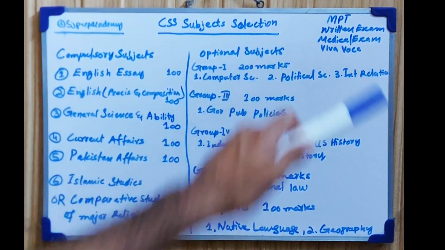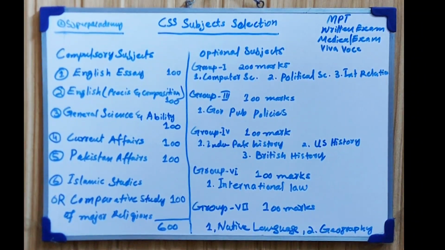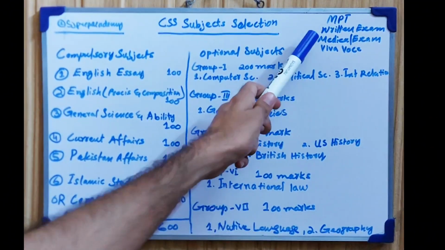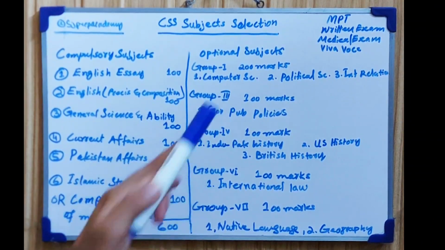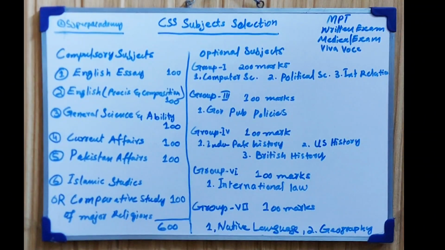After clearing the written exam, there are other exams. The third exam is the medical exam. After clearing the written part, the candidate has to go through the medical exam.